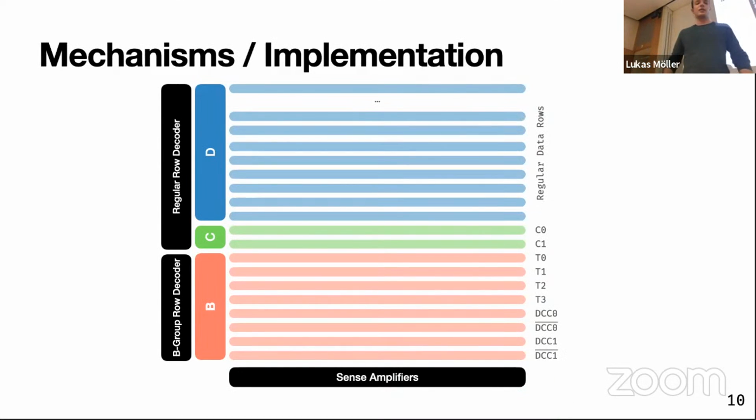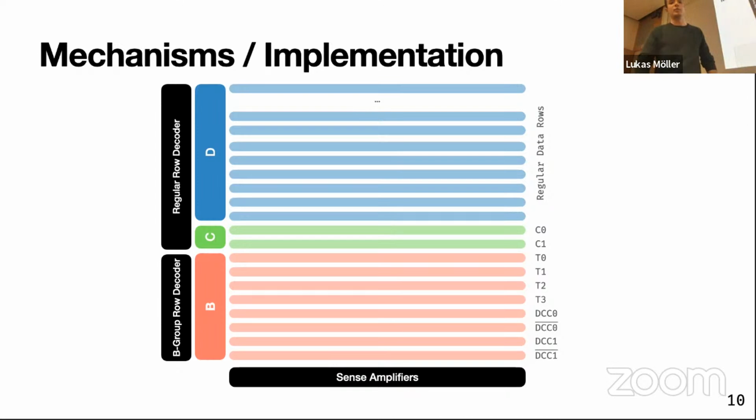Ambit also divides each subarray into 3 different parts: the D group, the C group, and the B group. The D group stores our normal data, and this is also why it's called the data group. There we would store our regular application data and our operands for our DRAM operations.